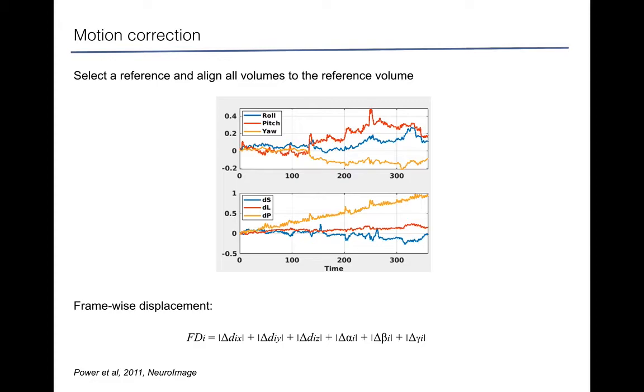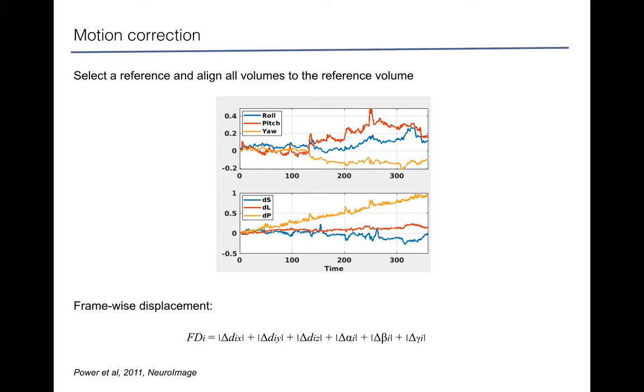So you end up having 6 time series after doing the alignments. These are very useful time series because you can use them later on to clean up your data to some extent, and also use some metrics that use these time series to determine how much motion is in each volume, for example.